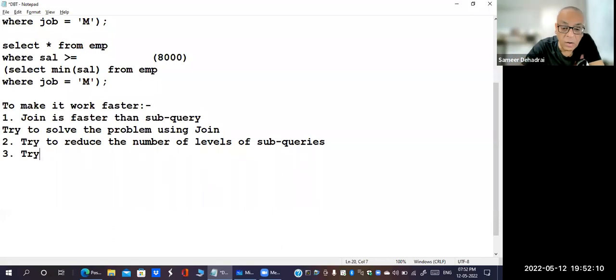Thirdly, try to reduce the number of rows returned by subquery.